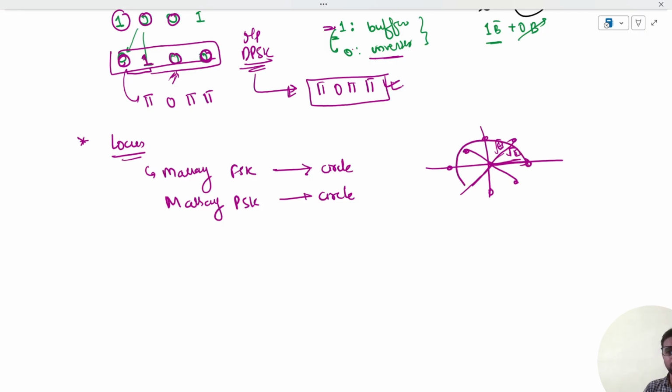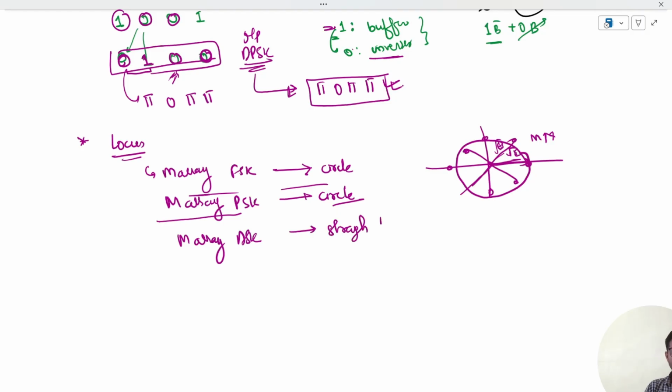So it will form a circle as we increase M. Therefore, for M-ary PSK, the locus is a circle. For M-ary FSK, the locus is a circle. For M-ary ASK, the locus is a straight line. This is the point related to locus.